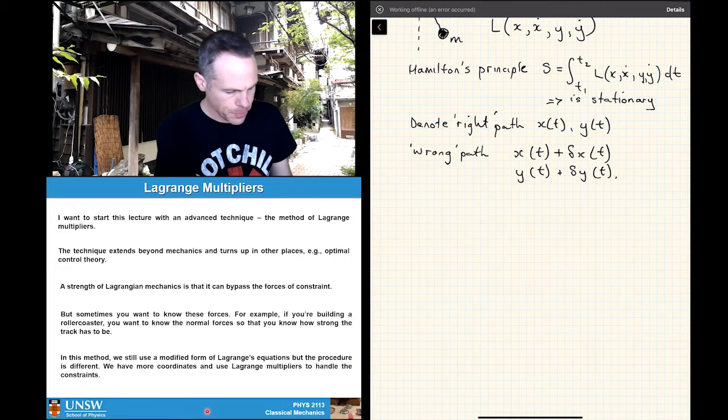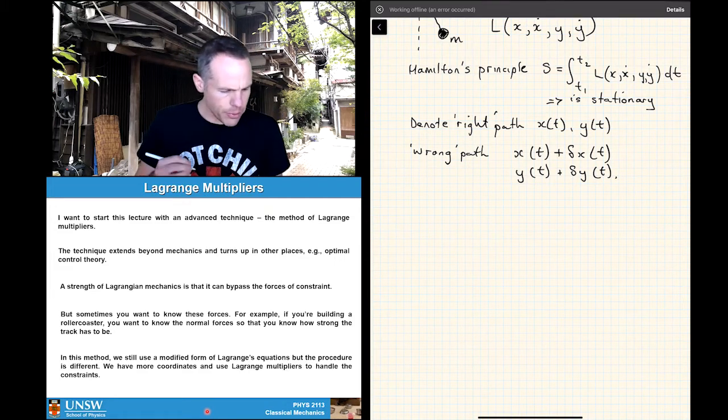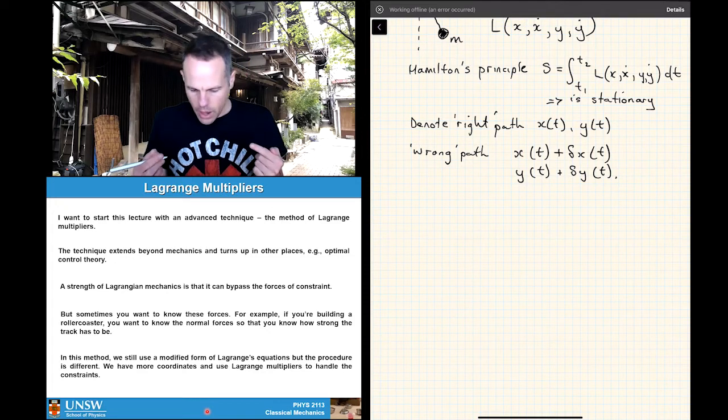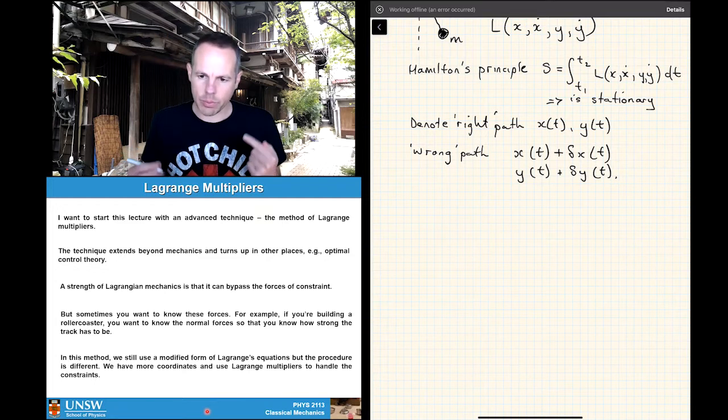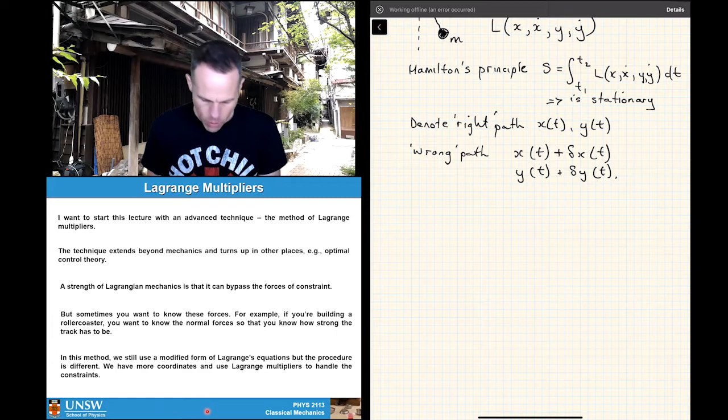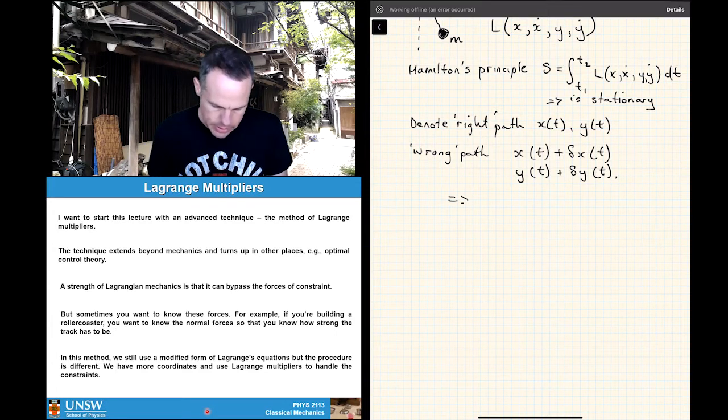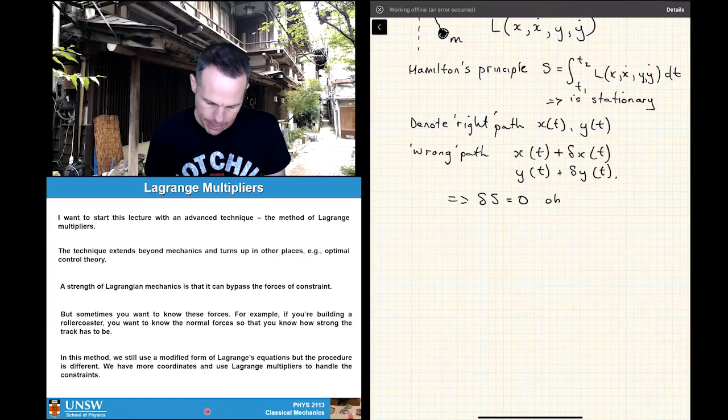Okay? And then, provided that everything behaves itself in terms of the constraint equation and Hamilton's principle, we know that delta x and delta y are going to be 0, right? And basically what we can say in here is that ultimately we're looking for delta s equals 0.